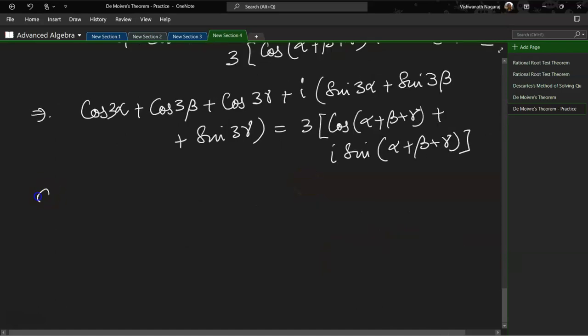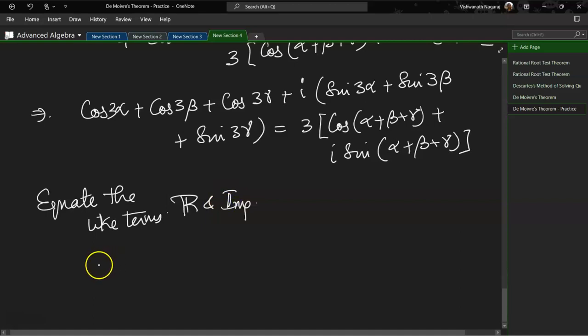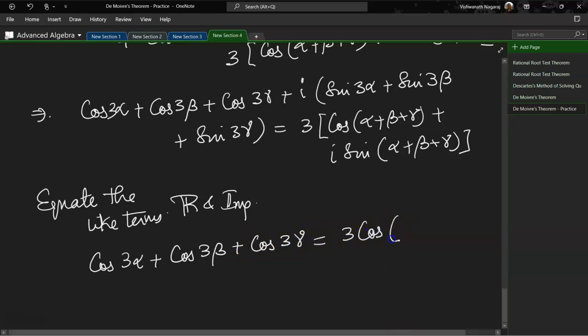Okay, so now let's equate the like terms, that is real and imaginary. Okay, so what do we get? We get cos 3 alpha plus cos 3 beta plus cos 3 gamma is equal to 3 times cos (alpha plus beta plus gamma).